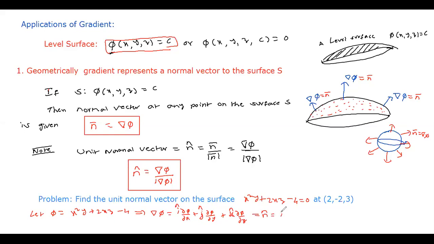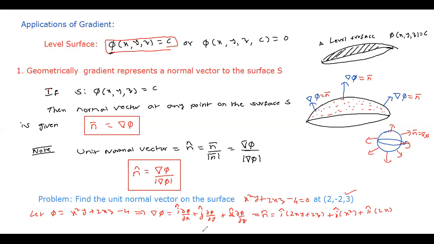So this is i into (2xy plus 2z) plus j into x square plus k into 2x. This is the normal vector at any point, but we want it at (2, -2, 3).